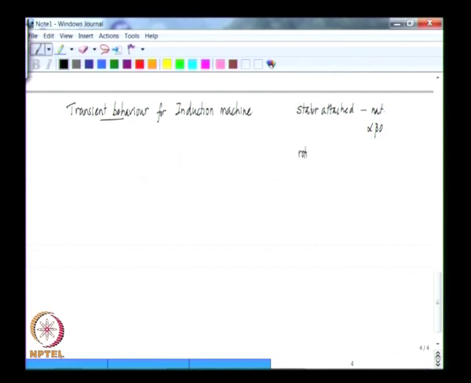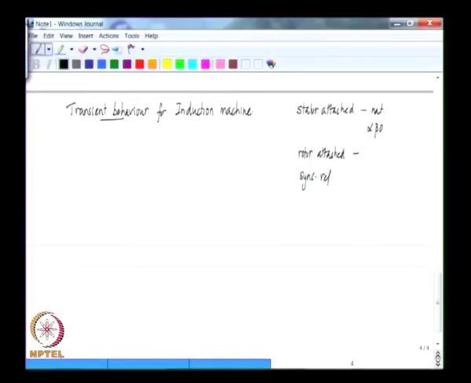We have seen the rotor attached frame, I mean the arbitrary frame could then be converted to a rotor attached frame by setting the speed of the reference frame to that of the rotor. And then we have seen the synchronous reference frame, where both stator and rotor variables are referred to this frame, which rotates at synchronous speed.